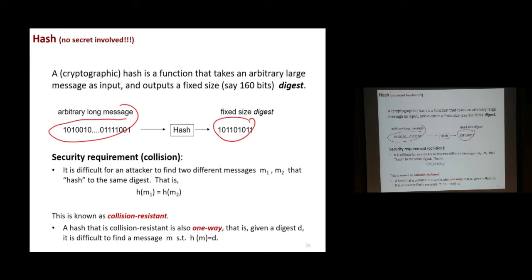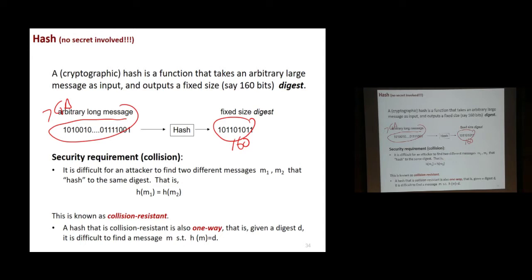Sometimes people call it a checksum, but here let's call it digest. This digest is fixed size, for example 160 bits. The message can be 7 GB, 100 GB, 1 TB, arbitrarily long. You hash it, then you get the fixed size checksum or digest.